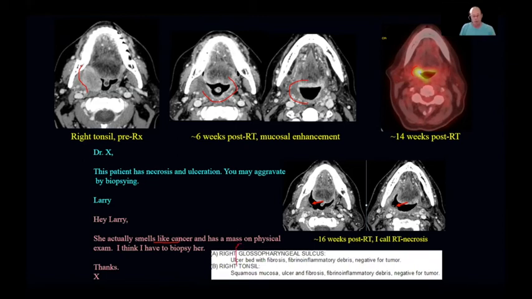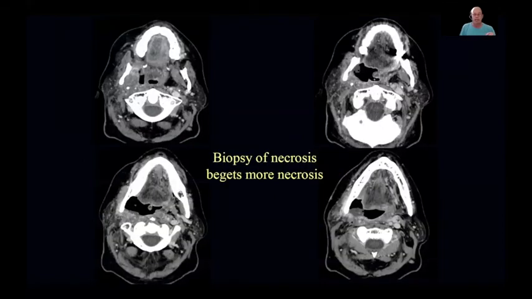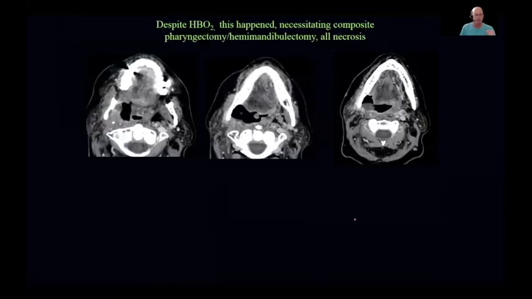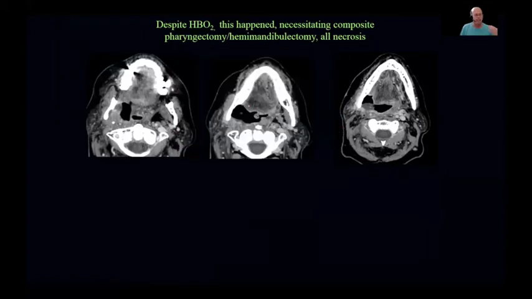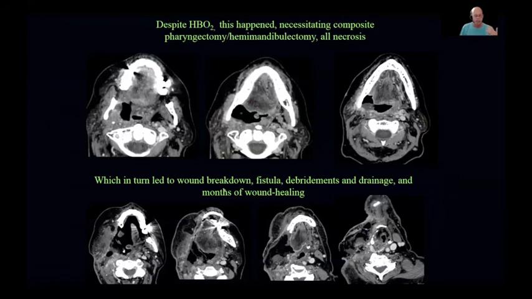It was all necrosis, and subsequently that necrosis got particularly gnarly and eventually extended to the bone, and this is what the ulcer looked like on physical exam, and this patient needed a mandibulectomy and a free flap, and actually developed a fistula. It was nasty. Now, I don't know that that wouldn't have happened without the biopsy, but it certainly happened with the biopsy, and I think perhaps could have been avoided here.